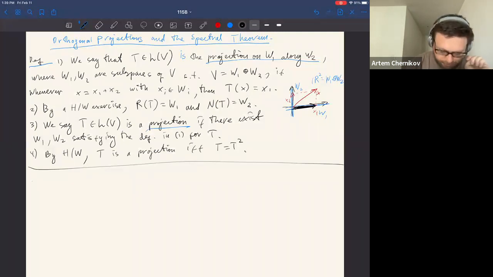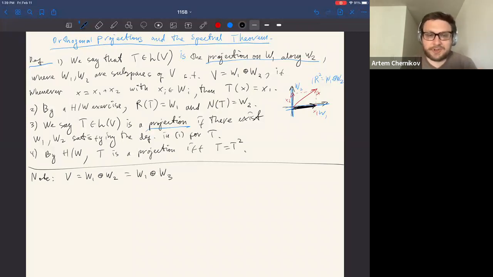Okay, so note an important warning here. If we can write V as W1 direct sum with W2, but assume we can also write it as W1 direct sum with W3 for some different subspace W3, so even if we have this equality, this does not imply that W2 is equal to W3.